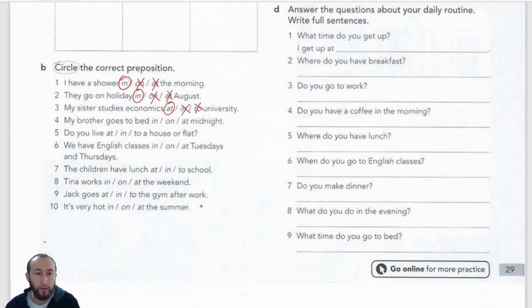My brother goes to bed at midnight, definitely at midnight. Do you live in a house or a flat? In is the right way, guys.